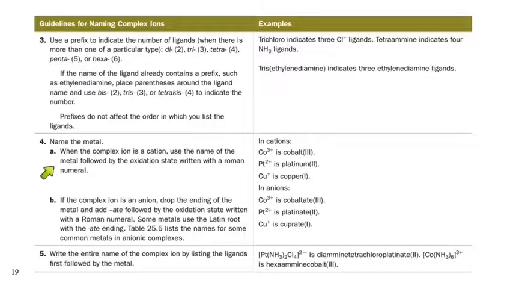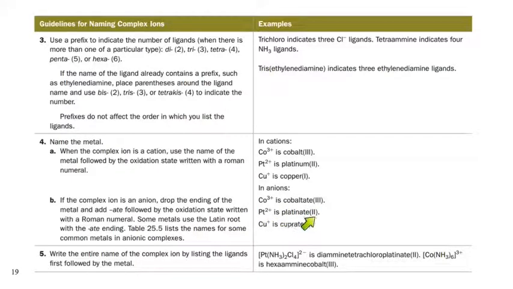If the complex ion that you're naming is a cation, you just use the name of the metal followed by the oxidation state written with a Roman numeral. So in cations, Co3+ is cobalt(III), Pt2+ is platinum(II), etc. If the complex ion is an anion, then you're going to change the ending of the metal's name to -ate, and again include the oxidation state.